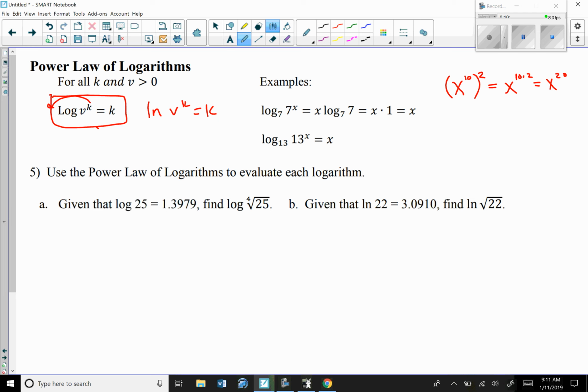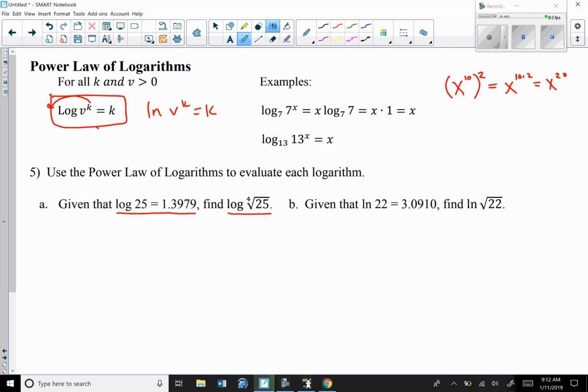So for question 5, it says, use the power law of logarithms to evaluate each logarithm. So we are given that the log of 25 equals this, and we want to find the log of the fourth root of 25. So anytime I'm working with radicals, it's usually a lot more helpful to rewrite this as an exponent.